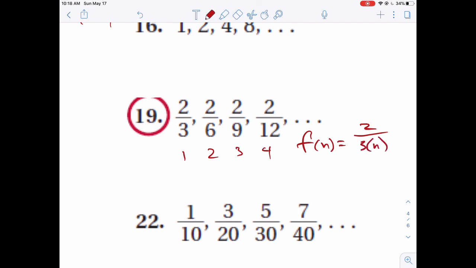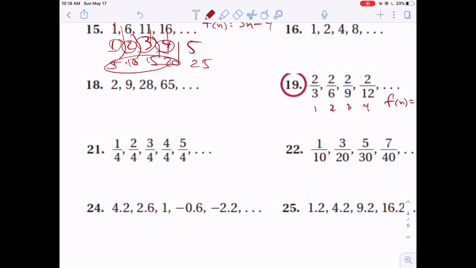So 1, 2, 6, and 9. Yeah, that's pretty simple actually. So again, this is going to be the first one, the second, third, fourth, and fifth. Oh, by the way, for these problems I've done so far, they want you to find the next number. You guys can do that part pretty easily, I think, because you have the rule.